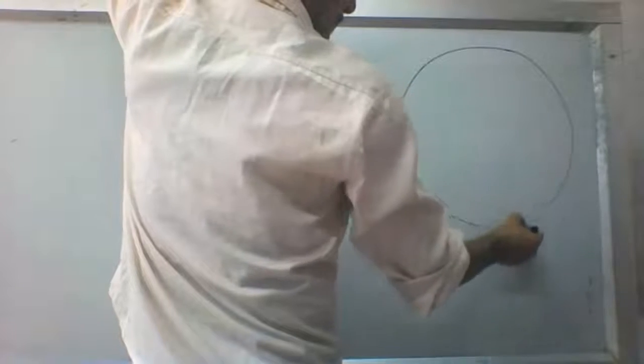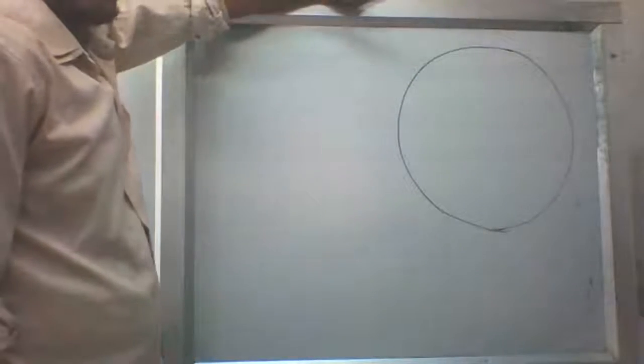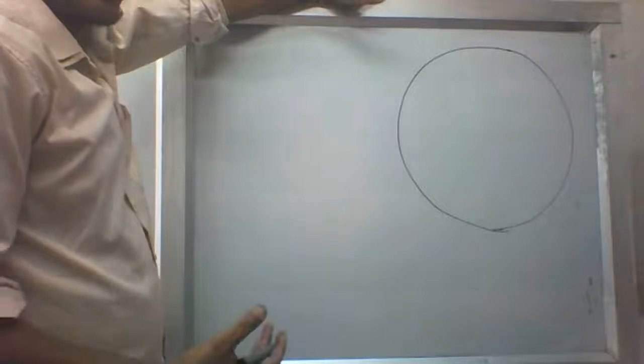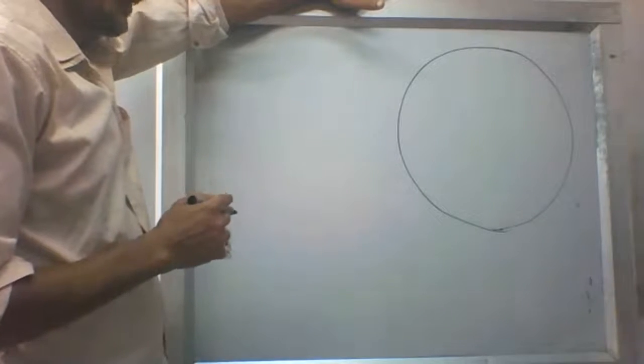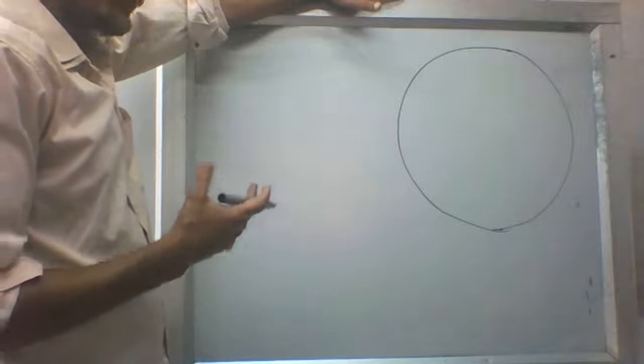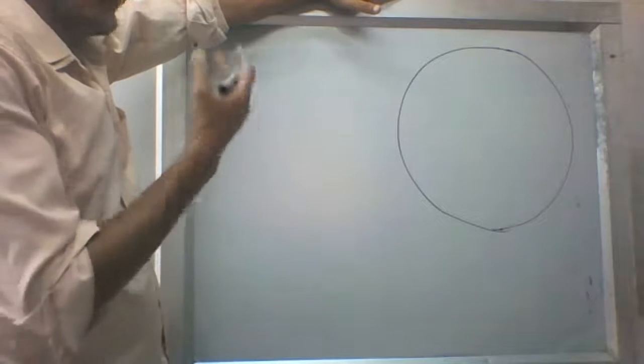So what happens here, students? I am going to make a circle. The diagram may be slightly confusing, but if you watch it carefully, it will no longer be confusing for you. Got it? This is a circle.